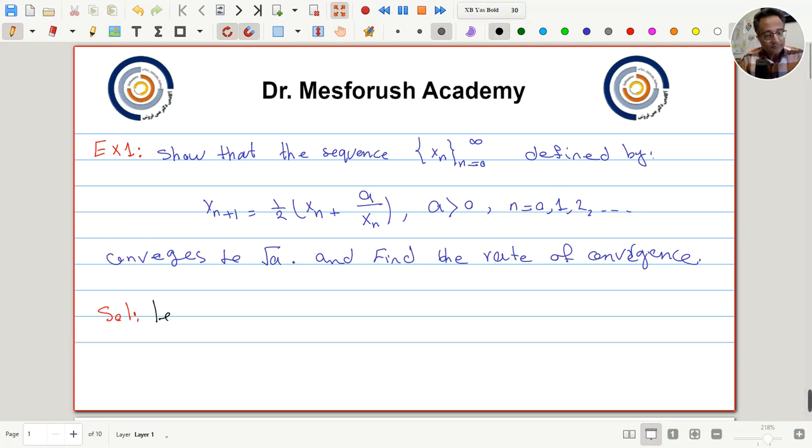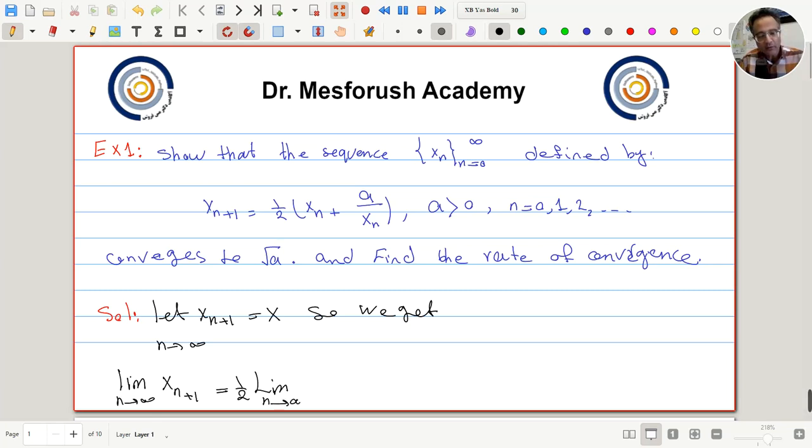For the solution of the problem, let x_{n+1} when n goes to infinity be equal to x. So we get limit n to infinity of x_{n+1} equal to half limit n goes to infinity of (x_n plus a over x_n).